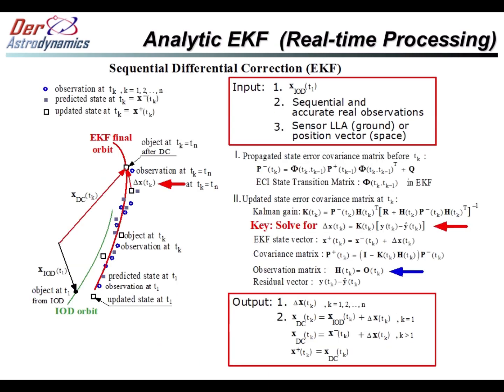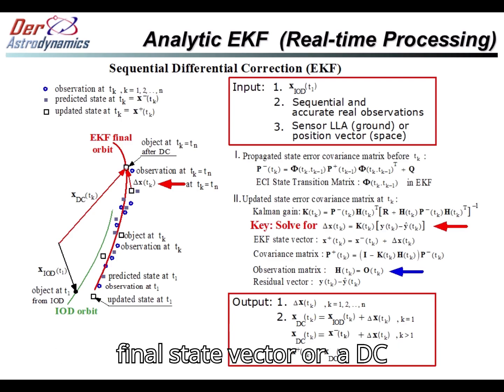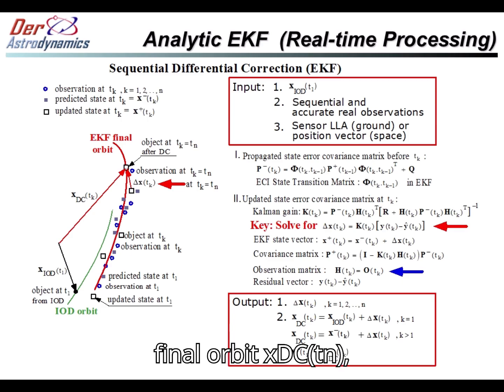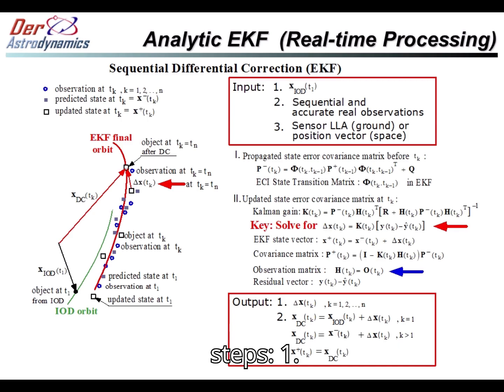To deduce the EKF optical and radar final state vector or a DC final orbit XDC-Tn, the 3 inputs are the same as in BDC. The computation of EKF contains 2 steps. 1. Propagation step.